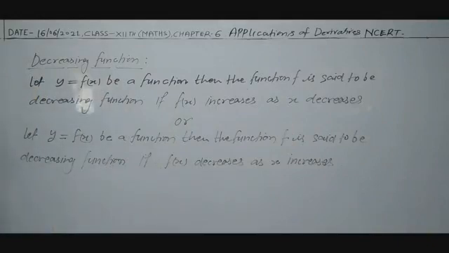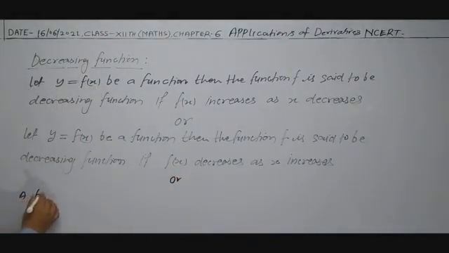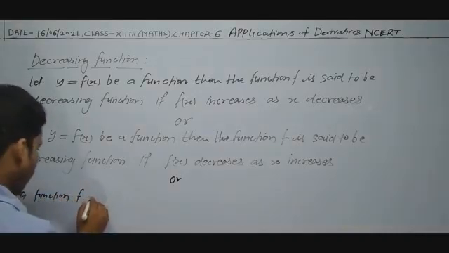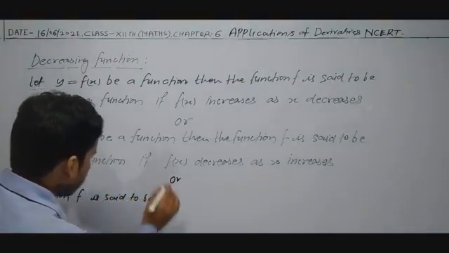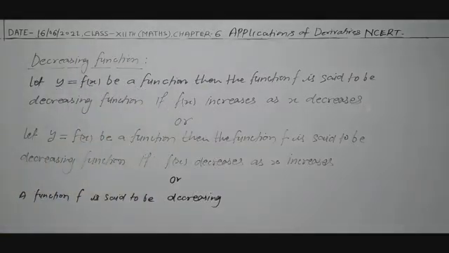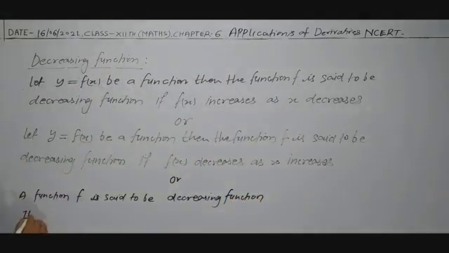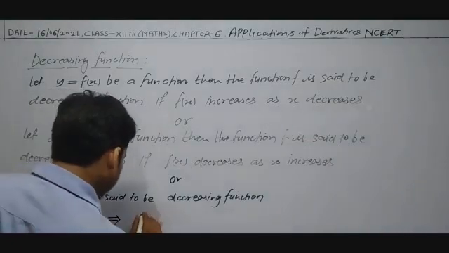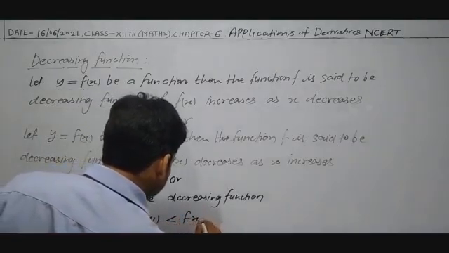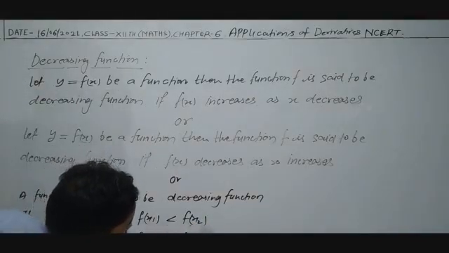f(x) decreases as x increases. Now a function f is said to be a decreasing function if for x1 greater than x2, this implies f of x1 is less than f of x2, and x1 is less than x2, this implies f of x1 will be greater than f of x2.